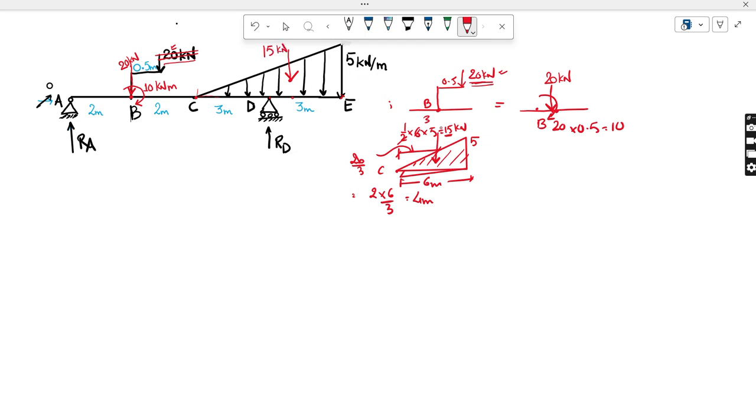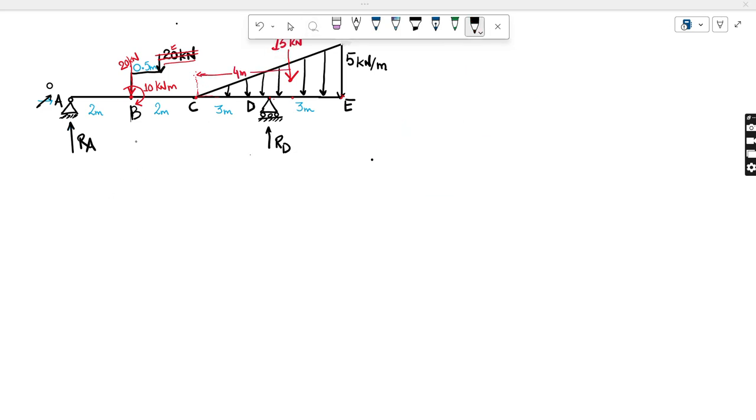We have already calculated here 1 by 2 into 6 into 5, and this is acting from point C all the way to a distance of 4 meter. In fact it is acting 1 meter right of this point D. So I hope it is clear up to here.